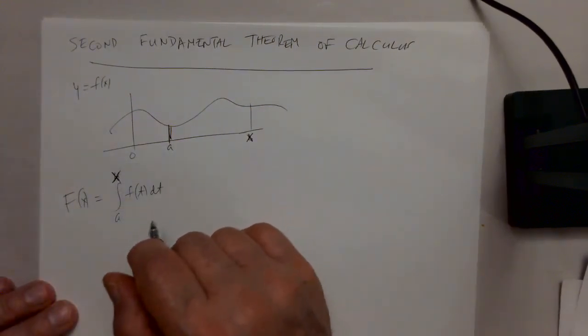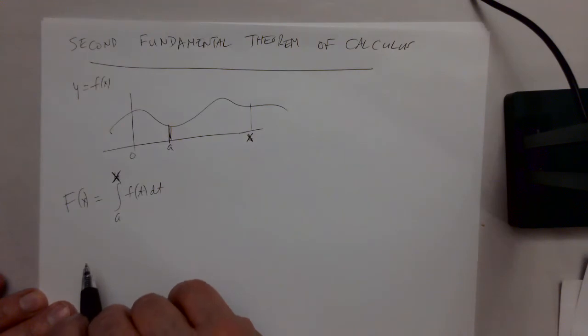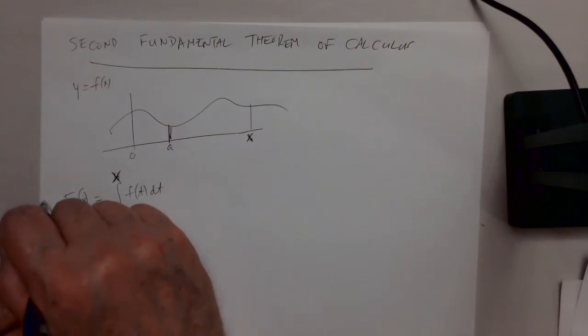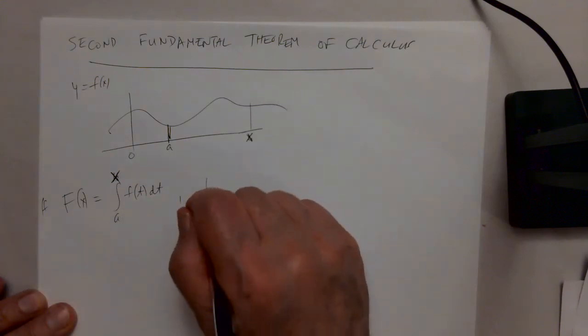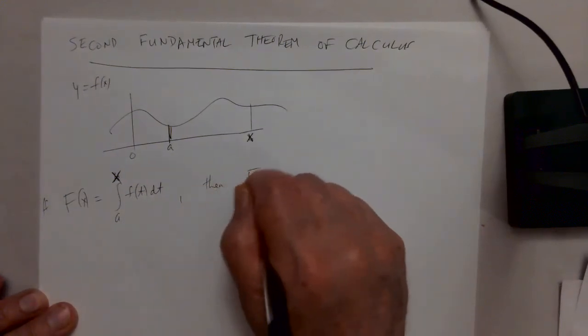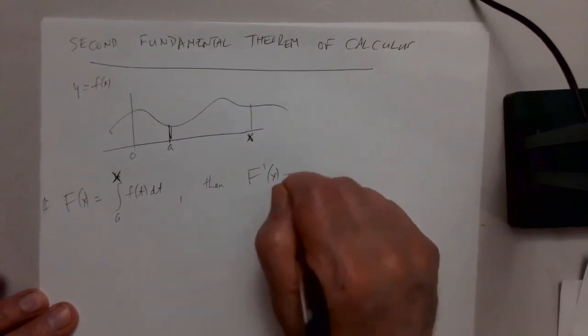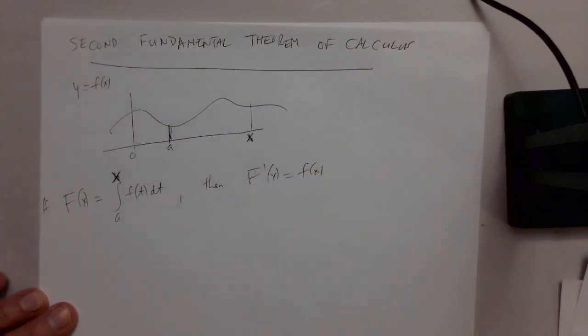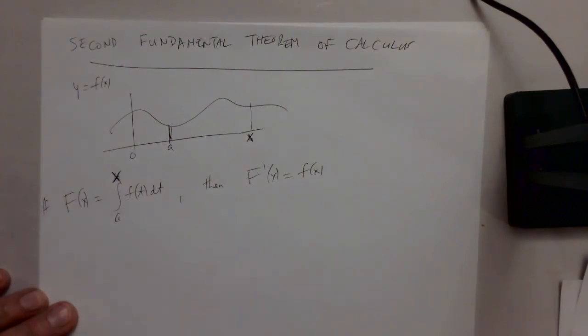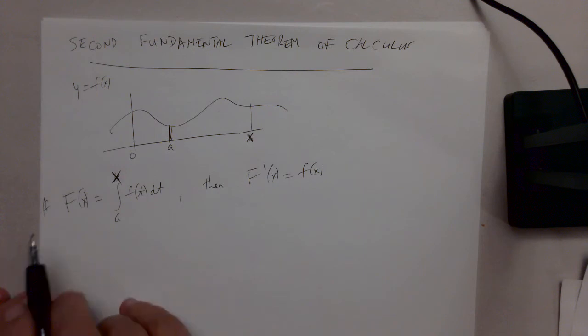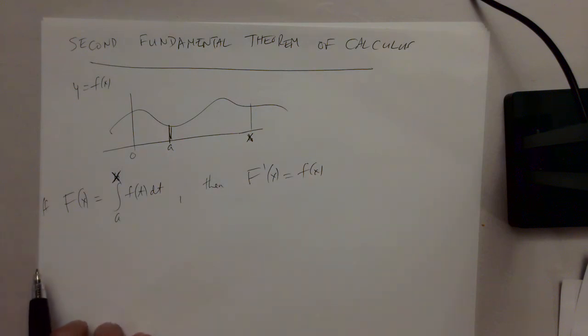And the second form of the fundamental theorem of calculus says the following: if capital F of x is defined in this way, then if I differentiate capital F of x, I get little f of x. So this function is an antiderivative of little f of x. This is the second fundamental theorem of calculus.